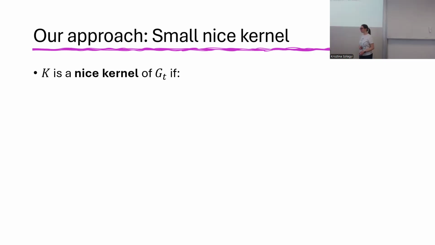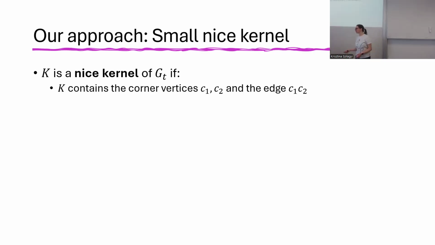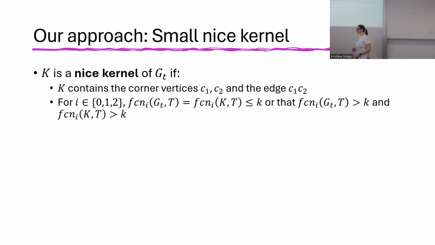So it's a small nice kernel if, first of all, we have to preserve the corner vertices and the corner edge, because these are the ways that we can insert the kernel into the bigger graph. And then we have to preserve these properties, the face cover number, this FCM 0, 1, or 2, those are the face cover numbers that use 0, 1, or 2 external faces.